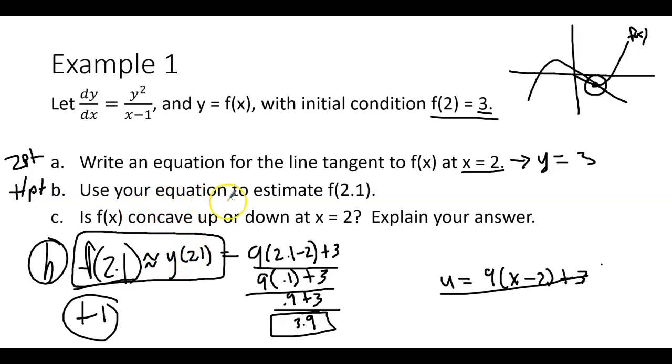Okay, so you can estimate the value of your function using your tangent line. Now, a lot of times these questions are put together as one question, though, just so you know. So a lot of times they won't say, for question 1, find the equation of the tangent line, and then for question 2, now use that to estimate f of 2.1. They'll just say, use the equation of the tangent line at x equals 2 to estimate f of 2.1.